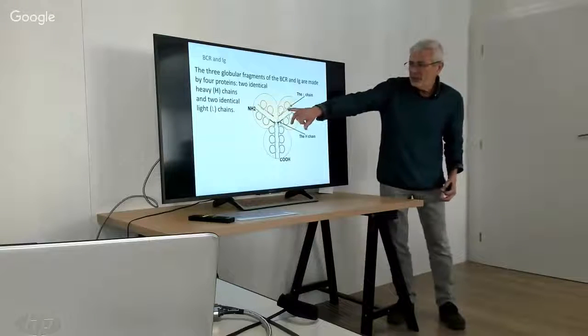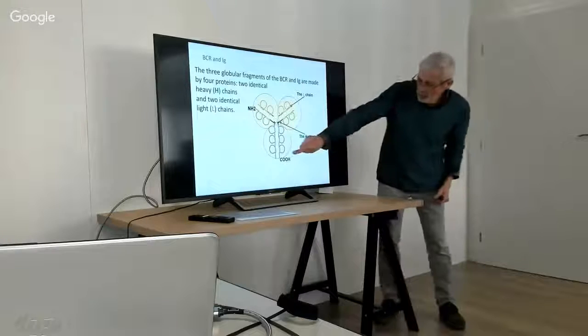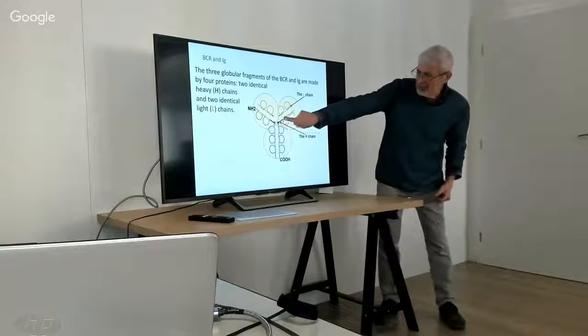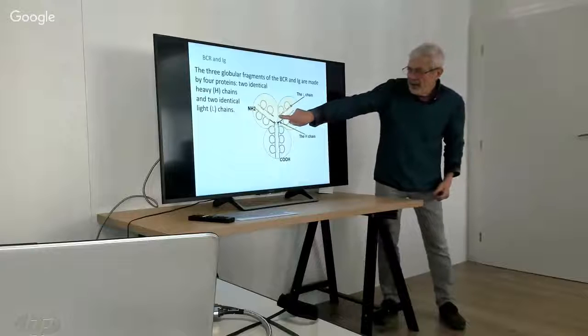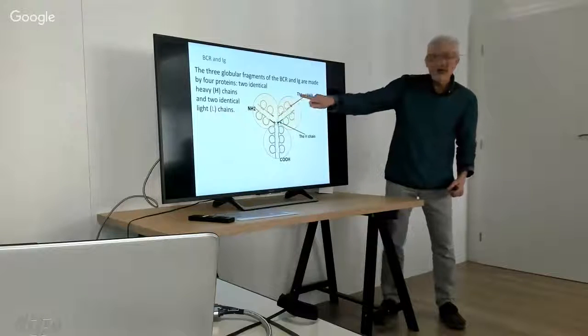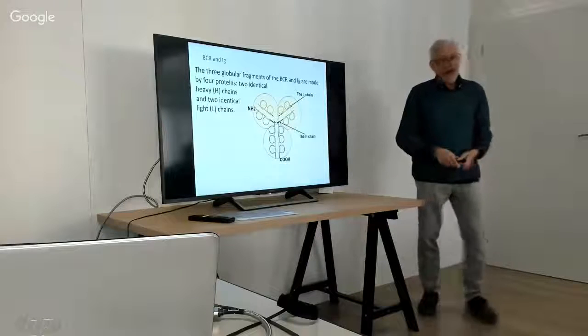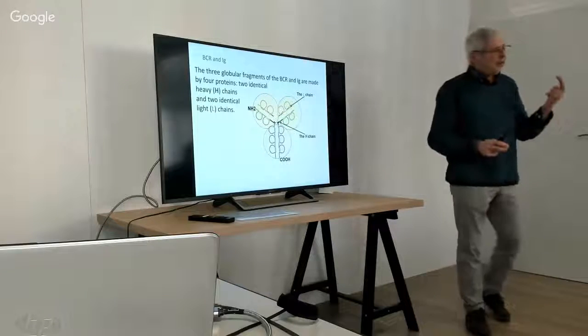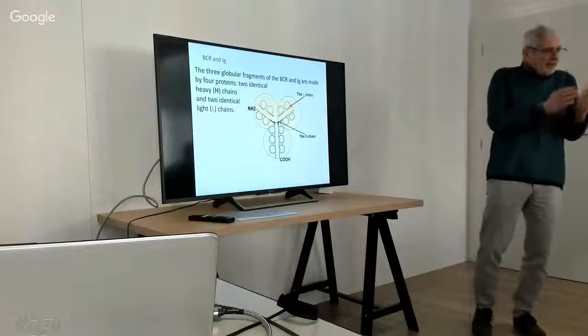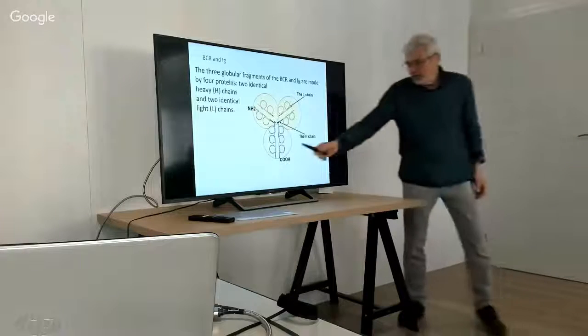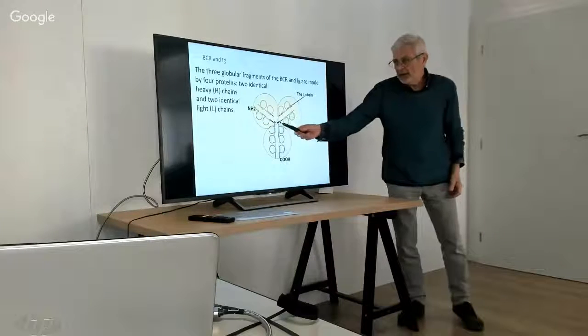This is the NH2 terminal. And we have one chain going in this way, which is a heavy chain, and another chain which is smaller, which is called light chain. So BCR and antibody are made by two chains, symmetrical replicas, so two heavy chains and two light chains connected by disulfide bridges.